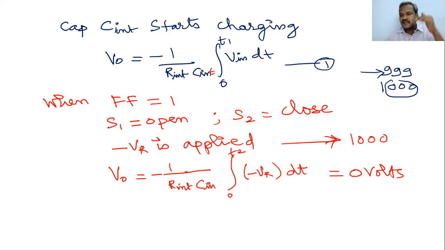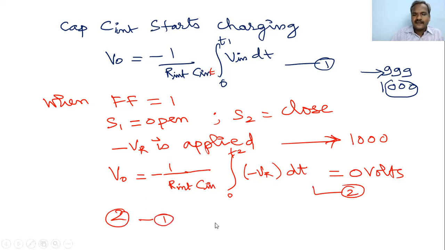This happens until it reaches 0 volts. Subtracting 2 minus 1 gives minus VR.